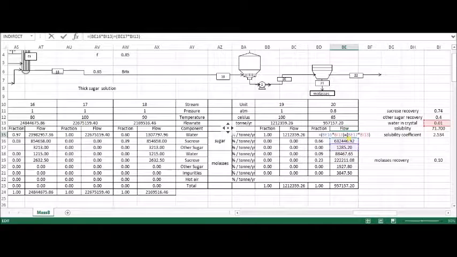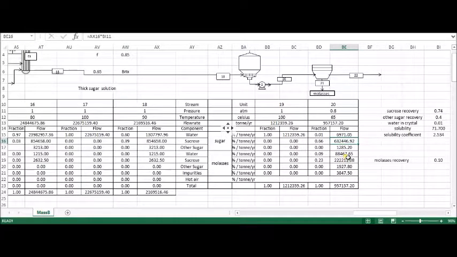We get the amount of water in sugar by adding 1% from sucrose and also 1% from other sugar. The amount of sucrose and other sugar we get from the sucrose recovery percentage and the other sugar recovery percentage.